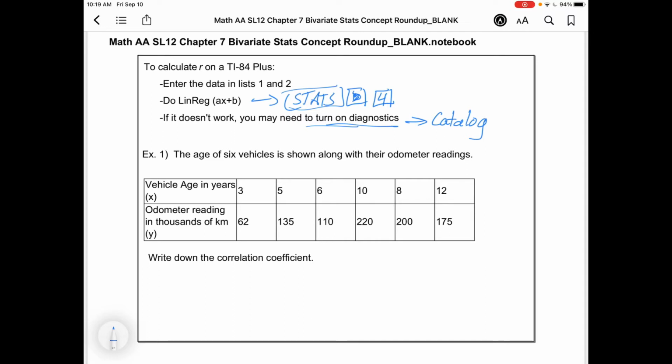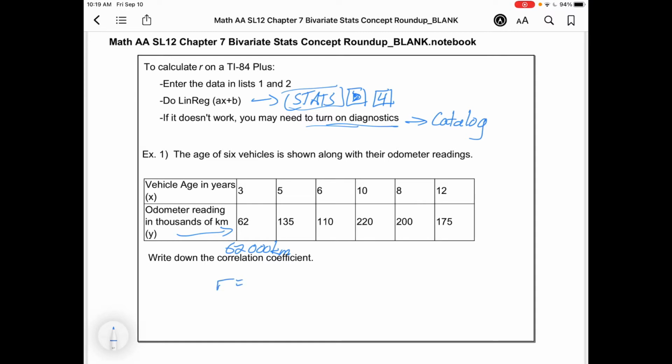So if you see a 62 here for Y, it means 62,000 kilometers on the odometer, which counts how many kilometers the vehicle has been driven. Those two things are probably somewhat related, though we all know of cars that are not that old that get driven a lot, and cars that are very old and don't get driven that much. What we want to do is write down the correlation coefficient.